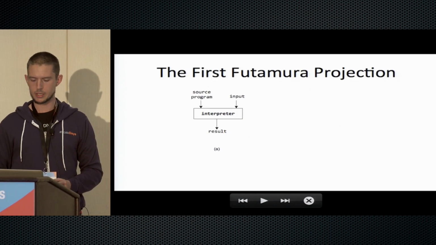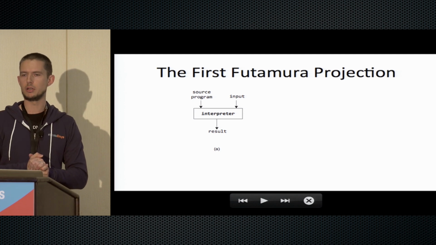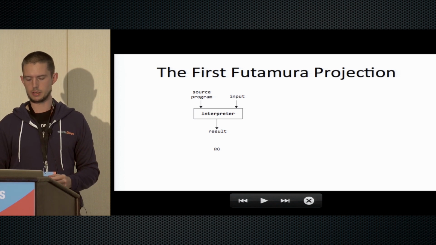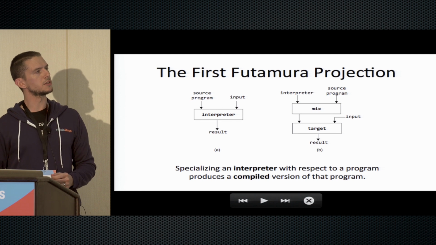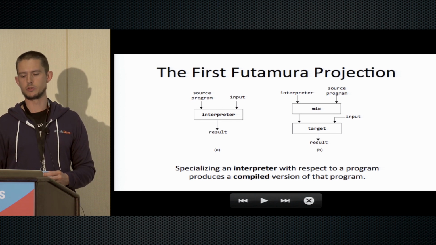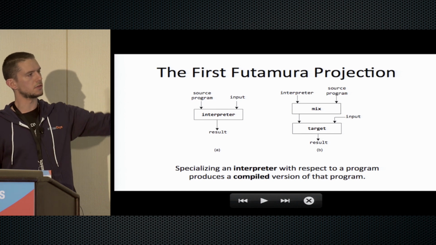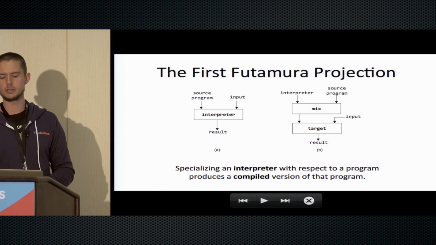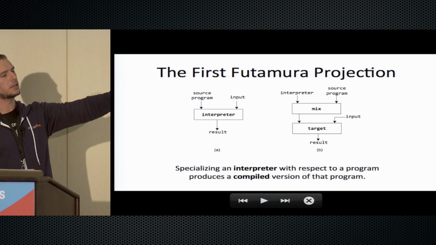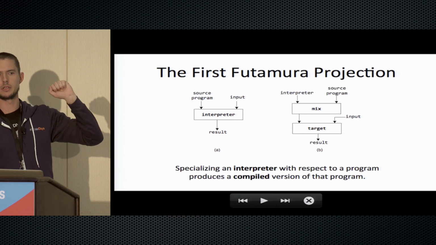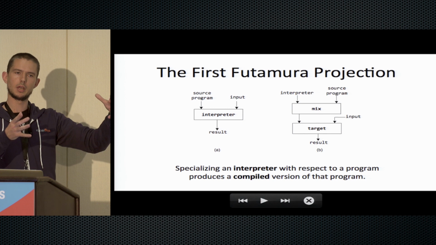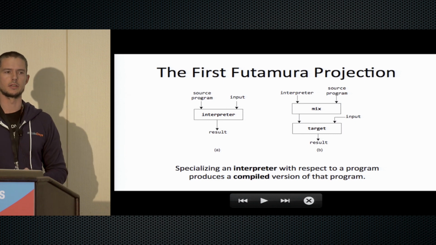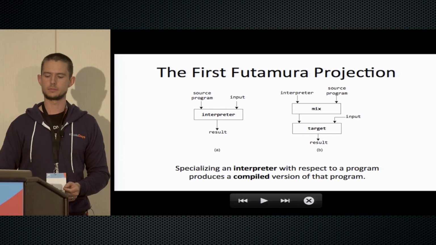That essentially tells you if you have an interpreter which takes a source program and some input for that program and computes a result, then you can specialize this interpreter for a given source program. Normally you would think about this as having a separate program called mix that does this specialization. What you get is essentially a compiled version of the source program, which hopefully runs much faster than applying the interpreter.